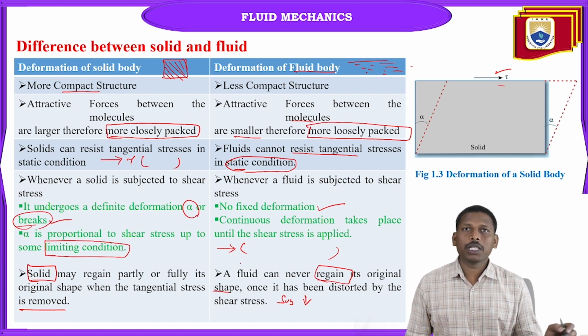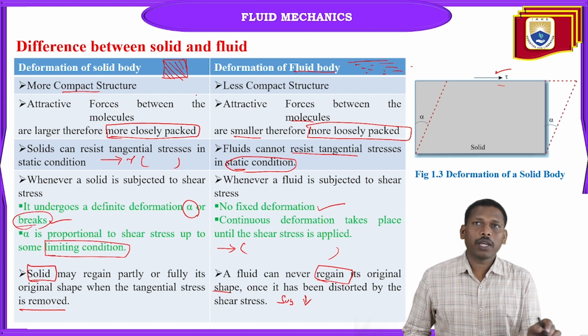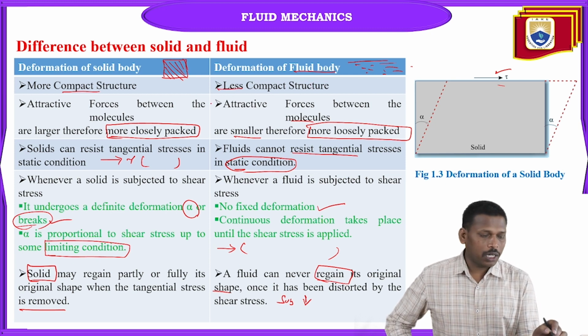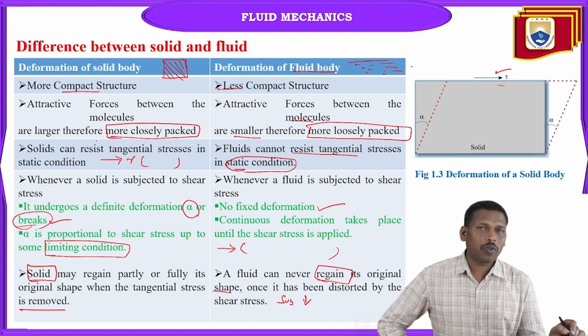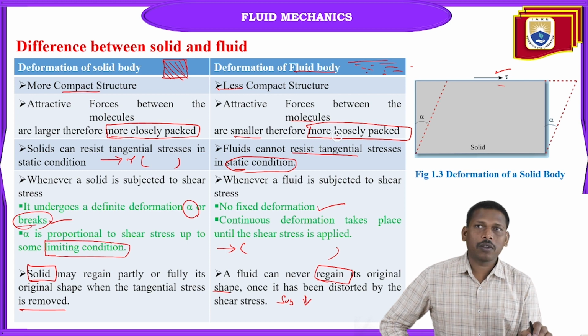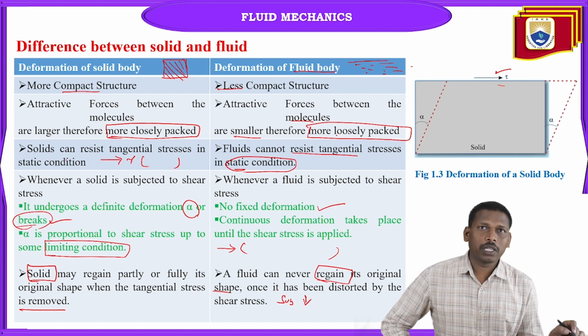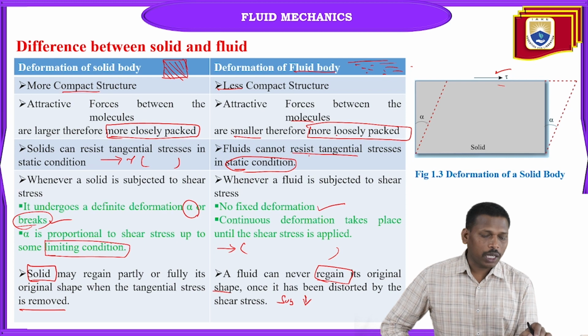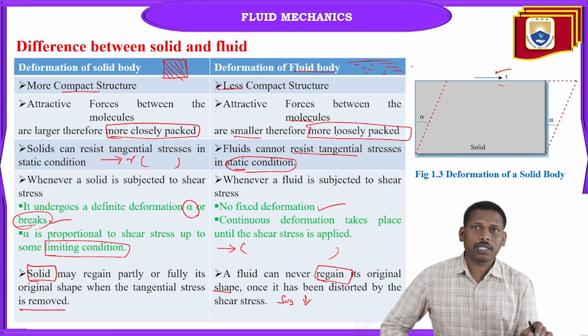The major differences: the solid is very compact, whereas the fluid is less compact, and due to the attractive forces, the molecules are closely packed in solid, whereas in fluid they are very loosely packed. And then the tangential stresses: solid can resist tangential stresses in static condition, whereas fluid cannot resist those tangential stresses in static condition.